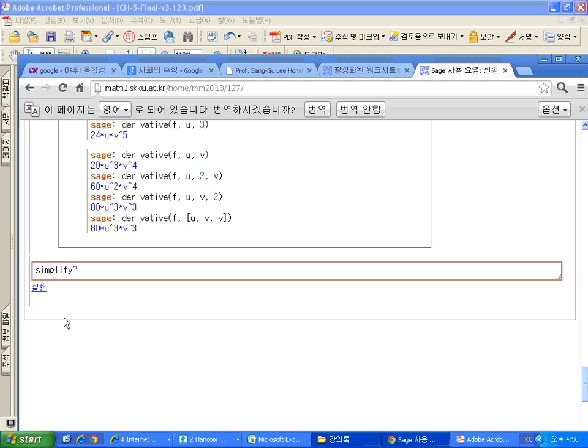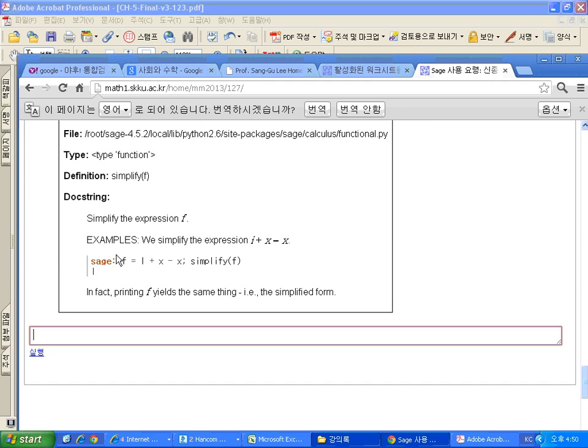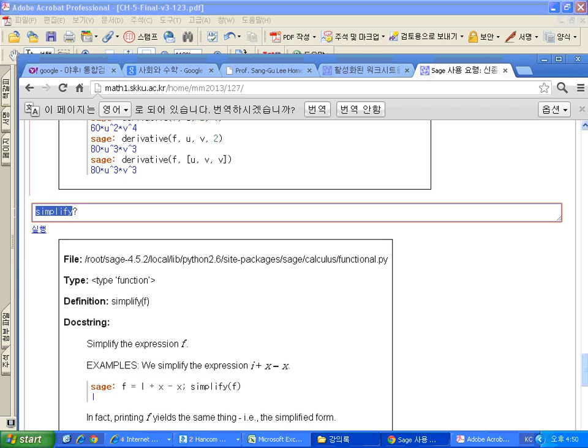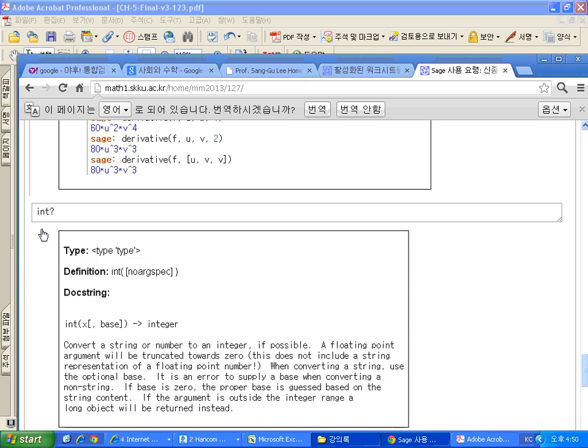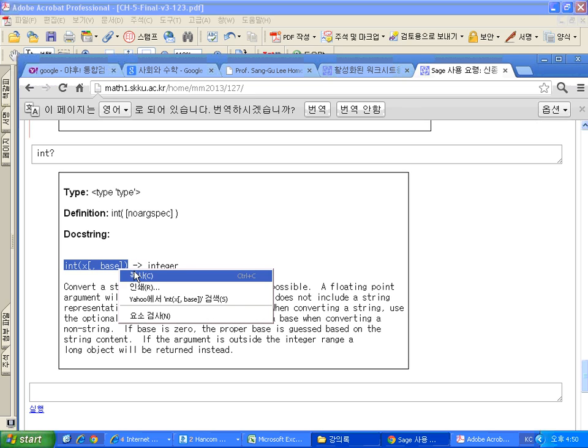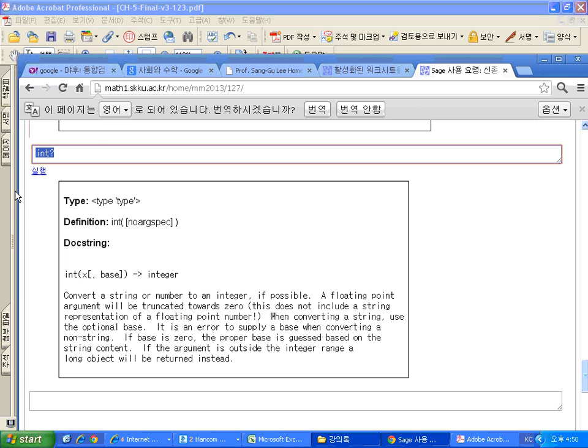If you are curious, you can just ask a question, and it will give you the usage of those. If you want to ask more about integration, just ask a question. Then you will see all the details of the command, so that you can copy it here, add it here, then give a function. Then you will be able to use it.